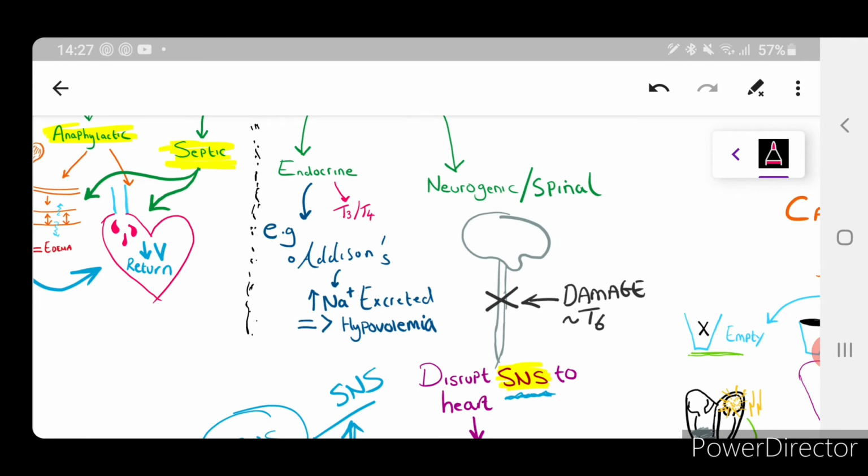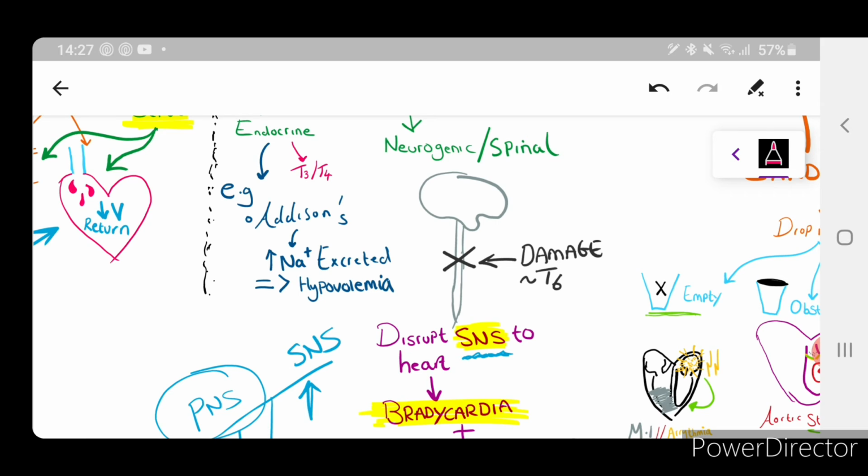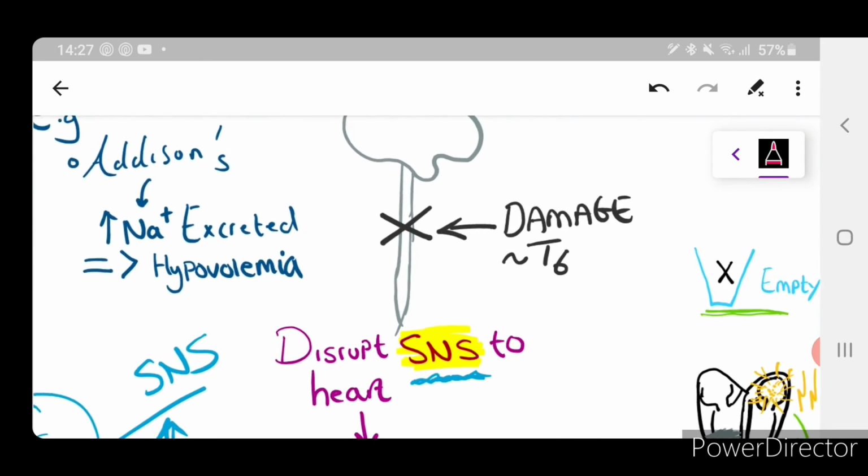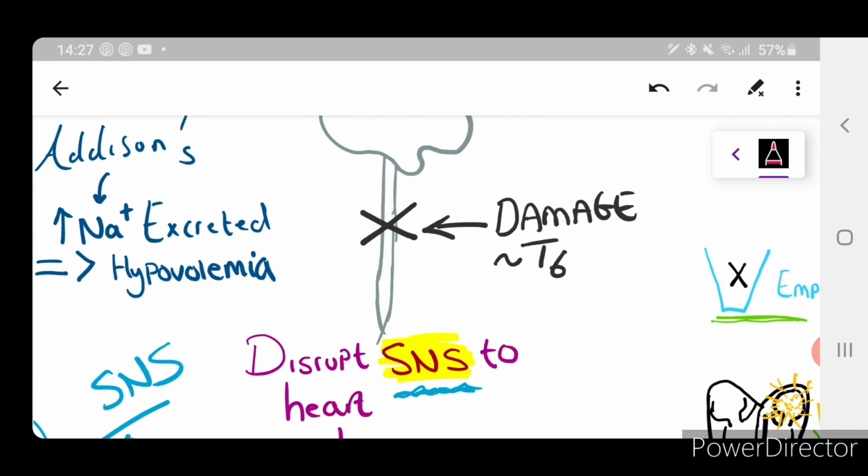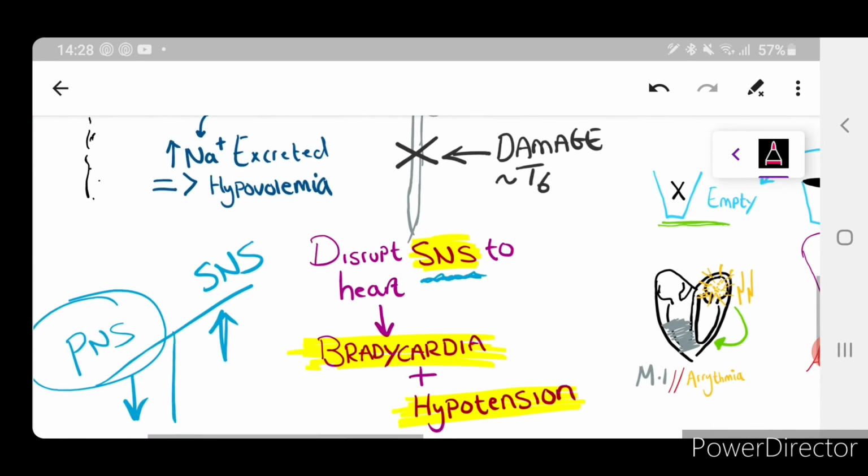And finally, neurogenic or spinal. Now with this type of shock, what's going on here is to do with your sympathetic nervous system. Now imagine the spinal cord here, and of course in certain areas of the spinal cord, you have your sympathetic nerves innervating certain organs such as your heart.